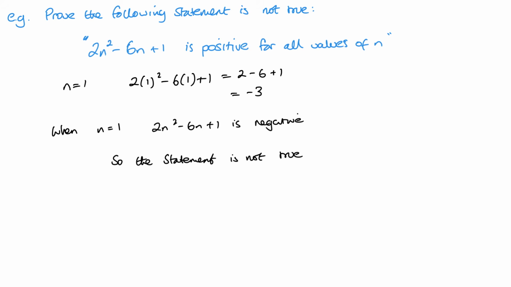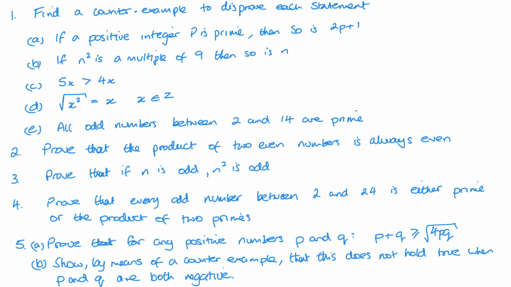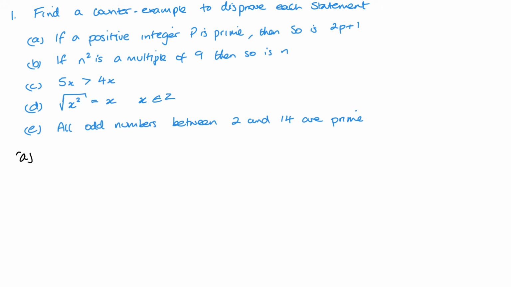I'm just going to give you a couple of these to try, and as always the answers will be at the end. So for A here, we're just looking for one counter example. So one prime number that this doesn't work for.